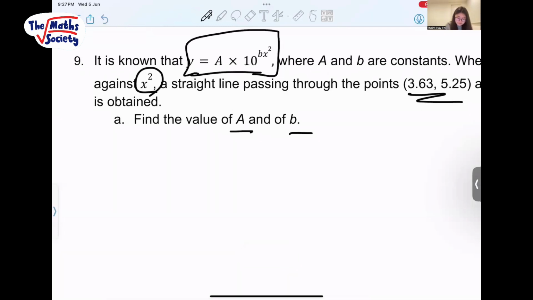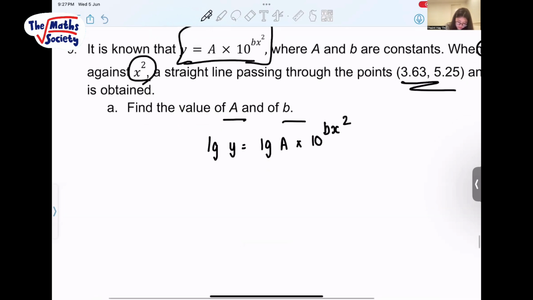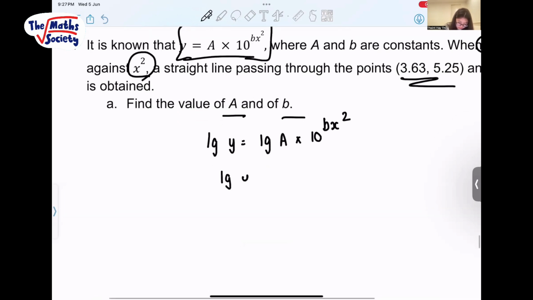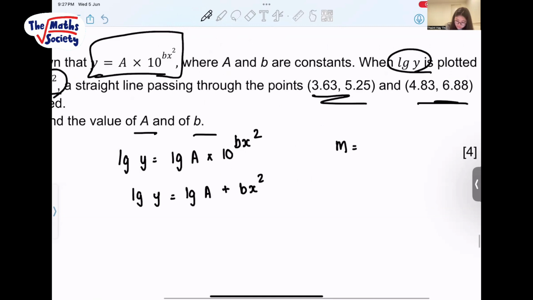Because it's lg y, so lg y equals lg a plus bx squared.